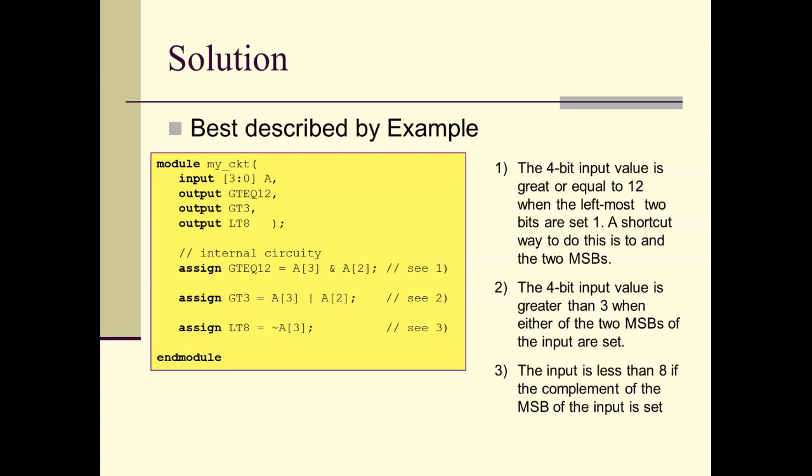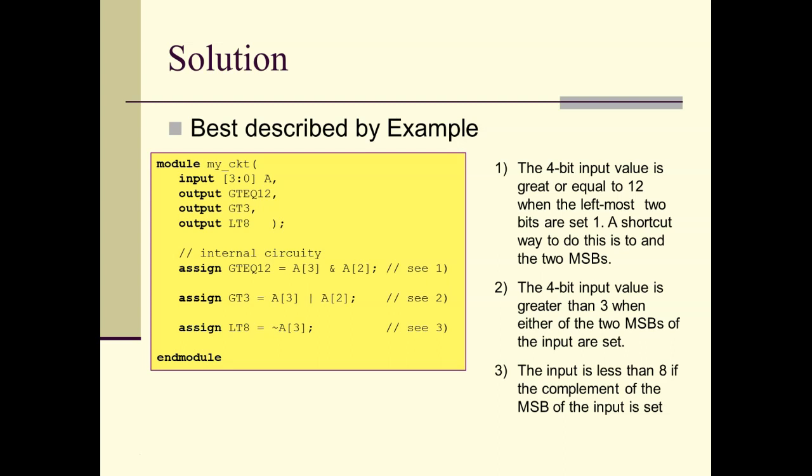So the GTEQ12 output is going to indicate when the input is greater than or equal to 12. The way I'm going to do this is to use the 2 most significant bits of this value, and I should be able to draw this, but actually my tablet is broken at this point. I'm waiting for a part to come in. Essentially, A3 and A2 are the two most significant bits of that 4-bit value.